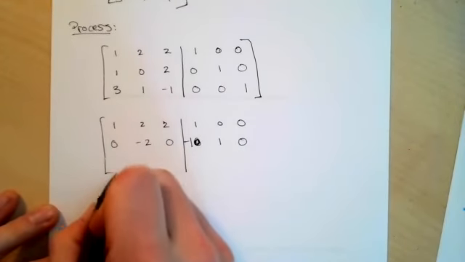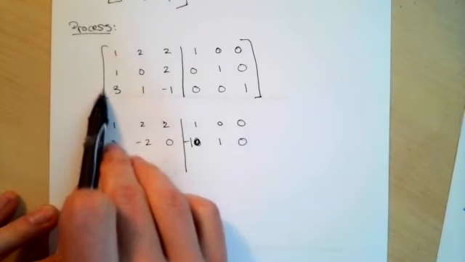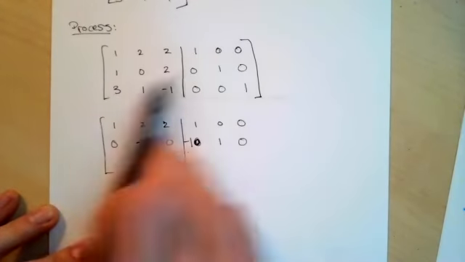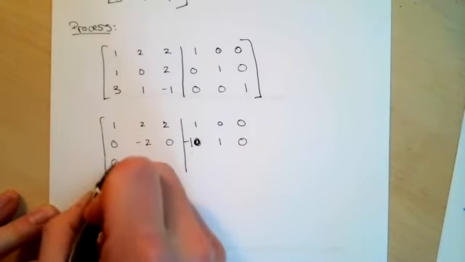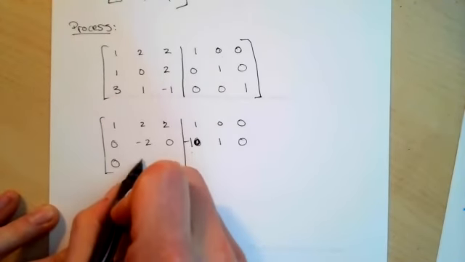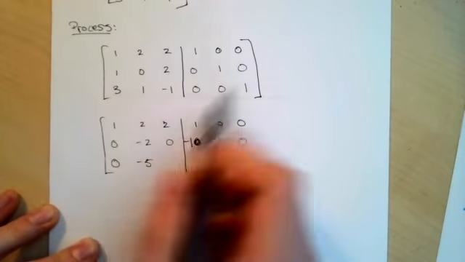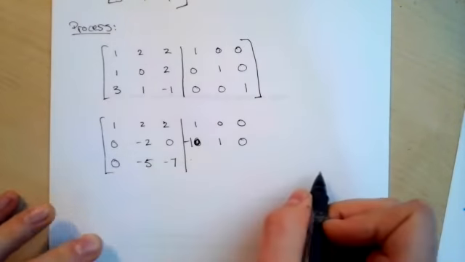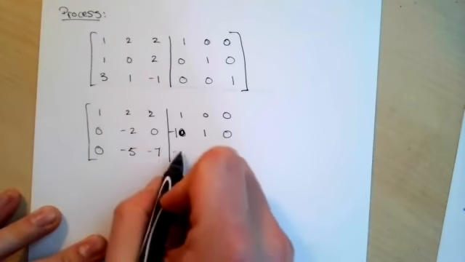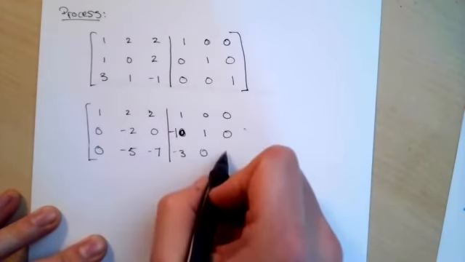Row 3 did not change, but we can go ahead and perform this operation as well. Since we want to get rid of this leading 3 first, we'll do -3 times the first row plus this guy. So we'll get a 0. We'll have -6 plus 1 gives us -5. -6 minus 1, -7. We will have, let's see, -3, and then 0, and that 1 will stay.